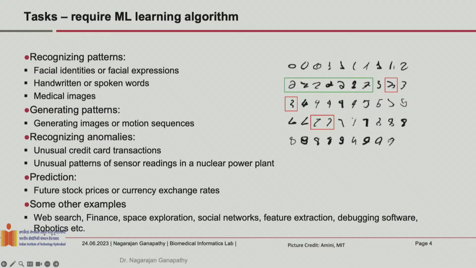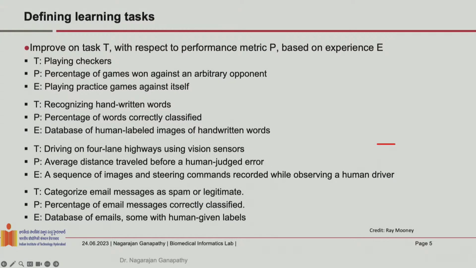So when we say machine learning, it's actually learning some task. What does it mean by task? You have a task where you want a performance, and to achieve that performance you require some experience.